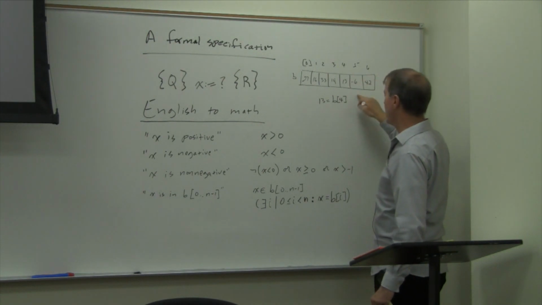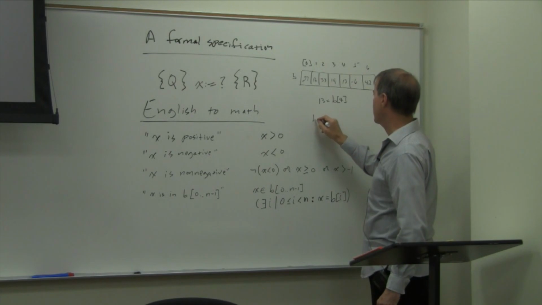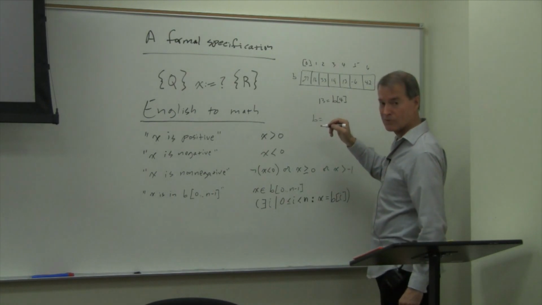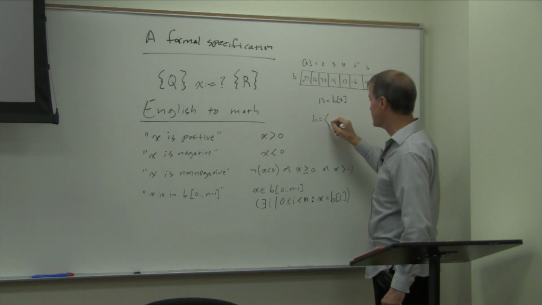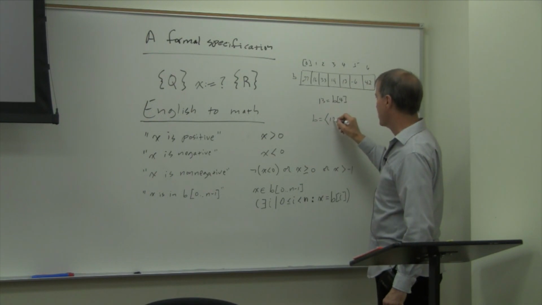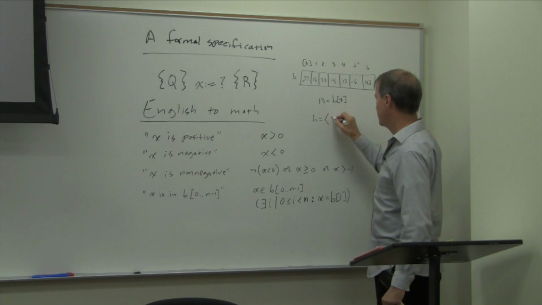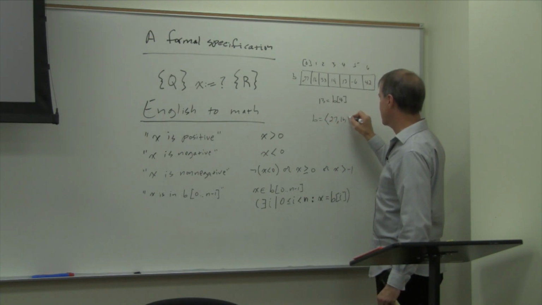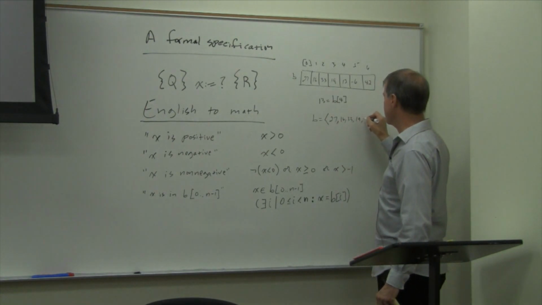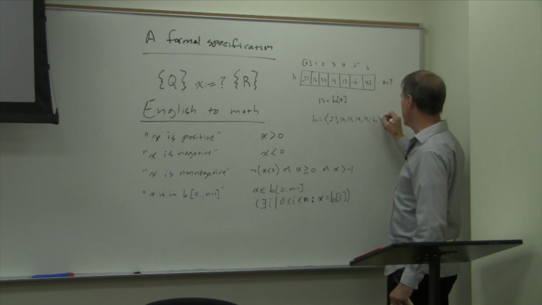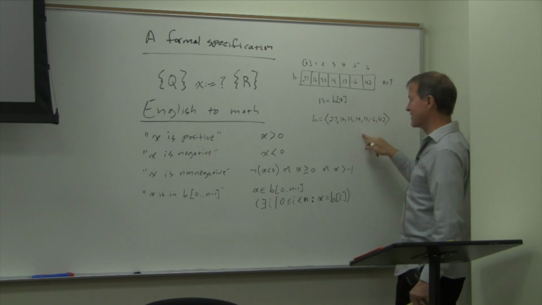The way you would write this is B equals, and one way to do it is to use these angle brackets, and you just separate them with commas: 27, comma 16, comma 33, comma 19, comma 13, comma negative 6, comma 42. It would be something like this. Okay.